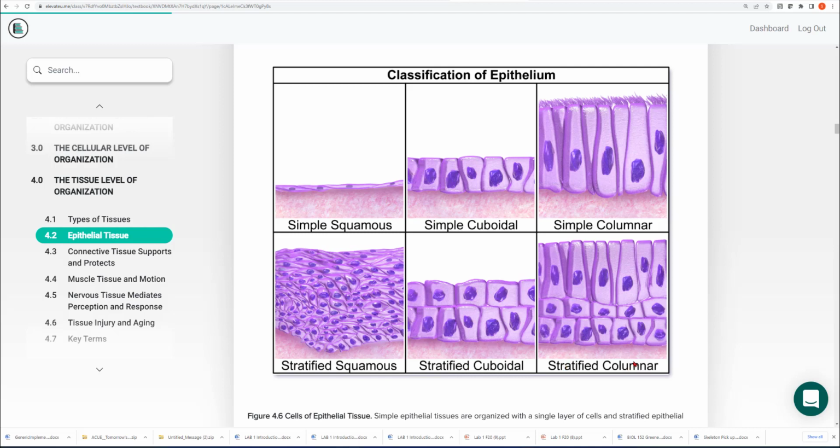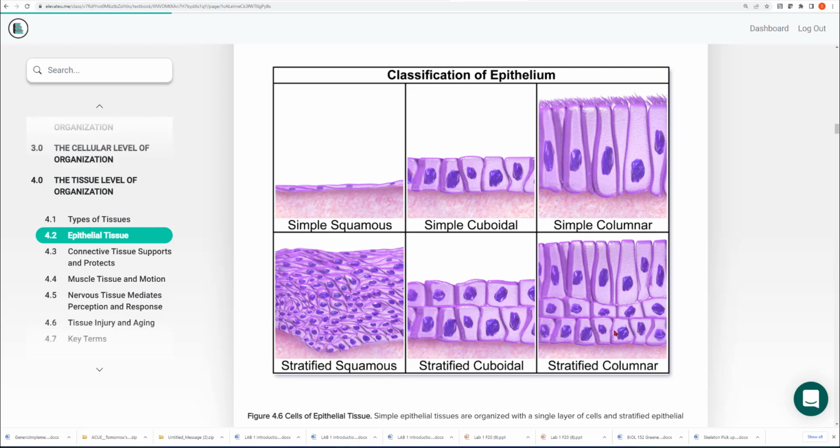Stratified columnar, again, this particular diagram is showing three layers of cells, but note the top layer are tall columnar-like, so we don't worry about the shape of the lower, deeper layers. We only look at the most apical layer in naming stratified tissues.